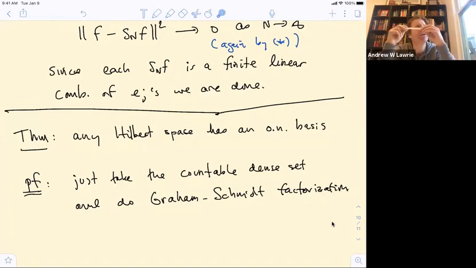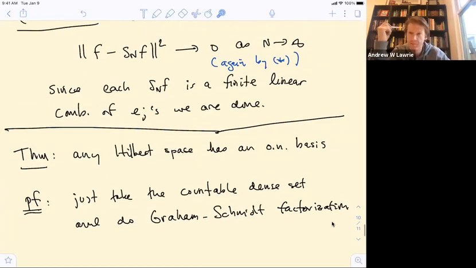So we need to start with something, right? I guess to start Gram-Schmidt, but then Gram-Schmidt's an inductive procedure, right? I'm sorry, maybe I'm missing something, but I don't think we've used the axiom of choice so far.